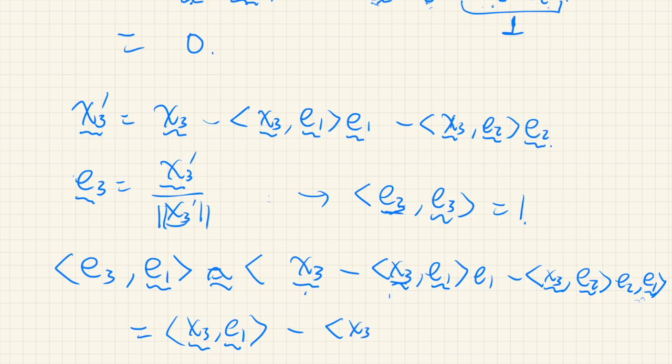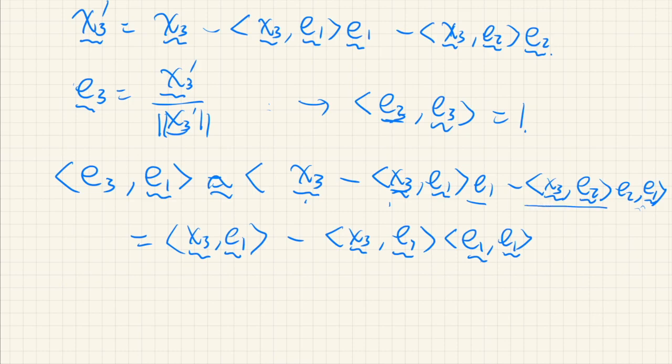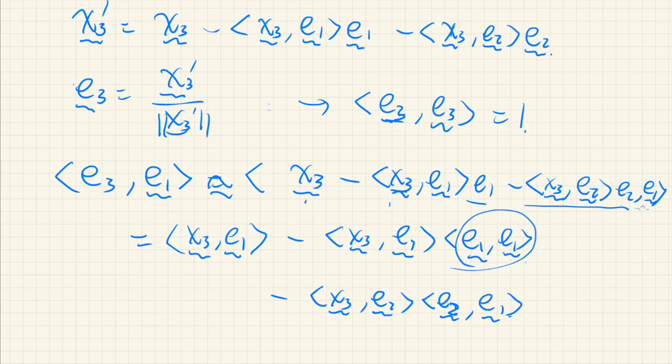So x3 constant out, and e1 and e1. Okay, so that will be 1. And finally, this times this, so that's minus x3 e2 times e2 times e1. And we know that this is equal to 1, and we know that this is equal to 0.